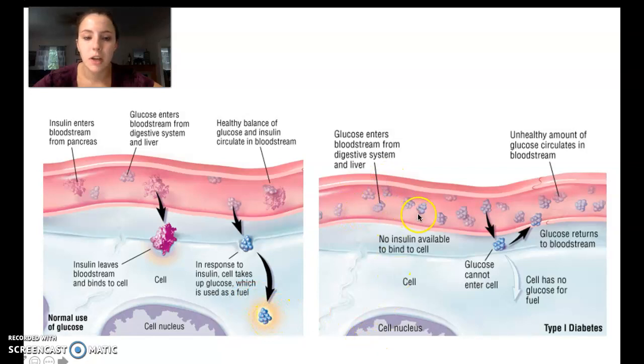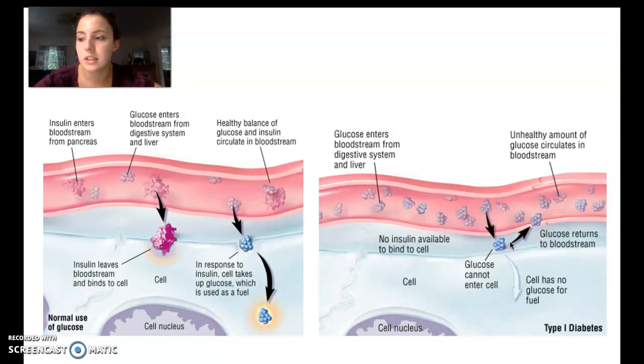Then when we look over here in type 1 diabetes, there is no insulin in the bloodstream. There's only glucose. So insulin can't bind to the cell, so then glucose cannot enter the cell. Since glucose is unable to enter the cell, it's going to stay in the bloodstream.